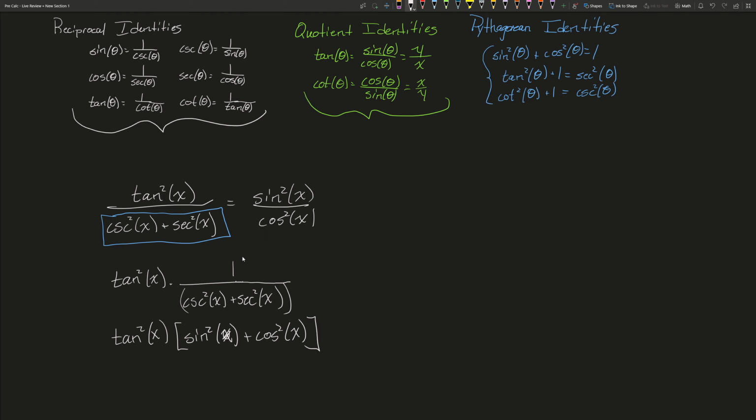From our Pythagorean identities, we know that this is equal to 1. So that entire thing is just equal to tangent squared. And then from our quotient identities, tangent is sine of x over cosine of x. And because that tangent's squared, both of these things are squared. And then we proved it.